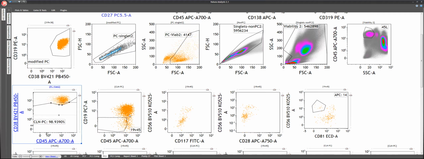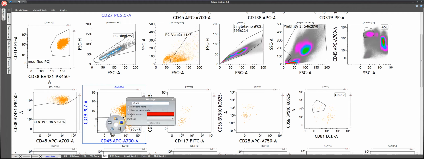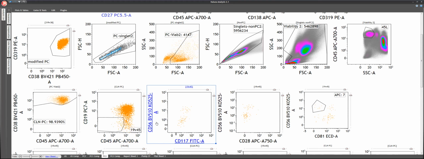Which we will further evaluate. Now here there is no kappa lambda, but we know those cells were CD19 dim to negative, CD56 positive, and CD81 negative. So we can start here by using CD19 versus CD45, with CD19 dim, CD45 dim, and a CD19 negative population. Then we look at CD56.